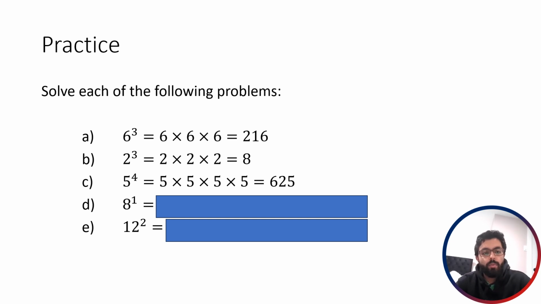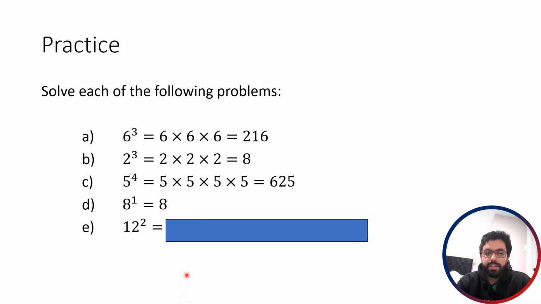Now here's the tricky one. 8 to the power 1 is just 8. Why is that? Well, if we think about what exponents normally tell us, they're telling us how many times we have to write out the base when we're multiplying it by itself. If it was 2 to the power 3, we have to write out the number 2 3 times.